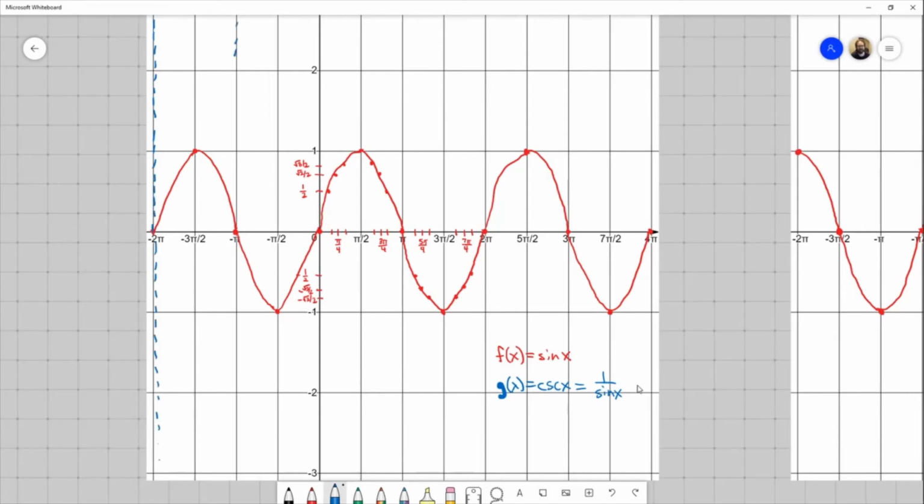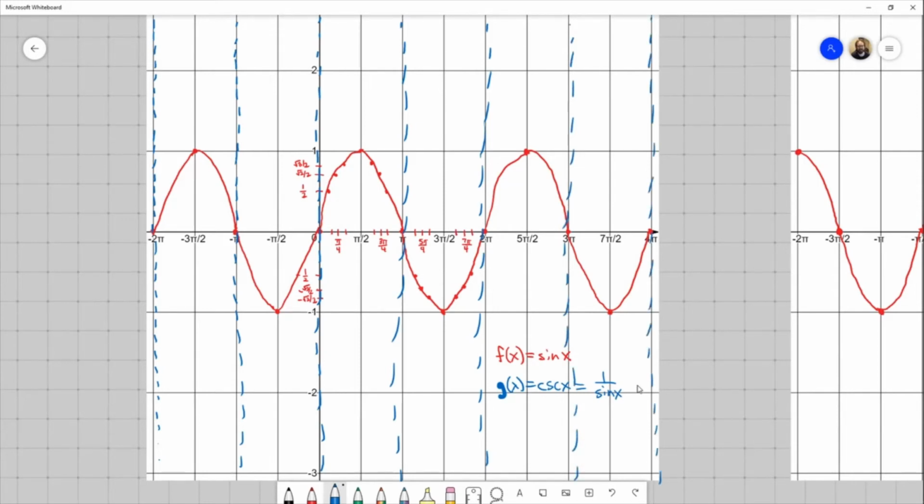So at 0, at pi, at 2 pi, all the multiples of pi. All right, so the graph of cosecant is going to have those vertical asymptotes.